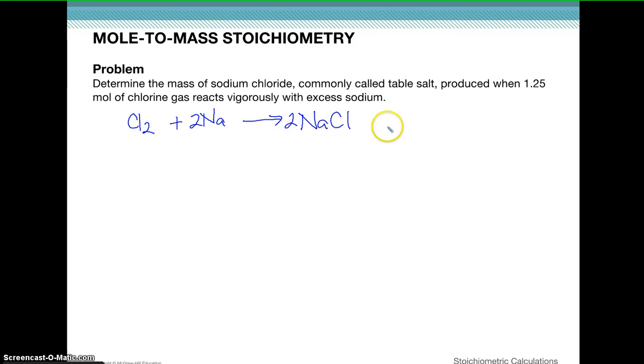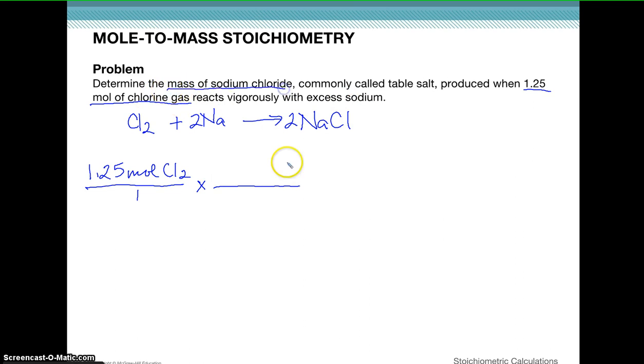So let's think about what we're given. 1.25 moles of chlorine gas. That's what we're going to start with. 1.25 moles of chlorine gas over 1. And what are we trying to find? We're trying to find the mass of sodium chloride.